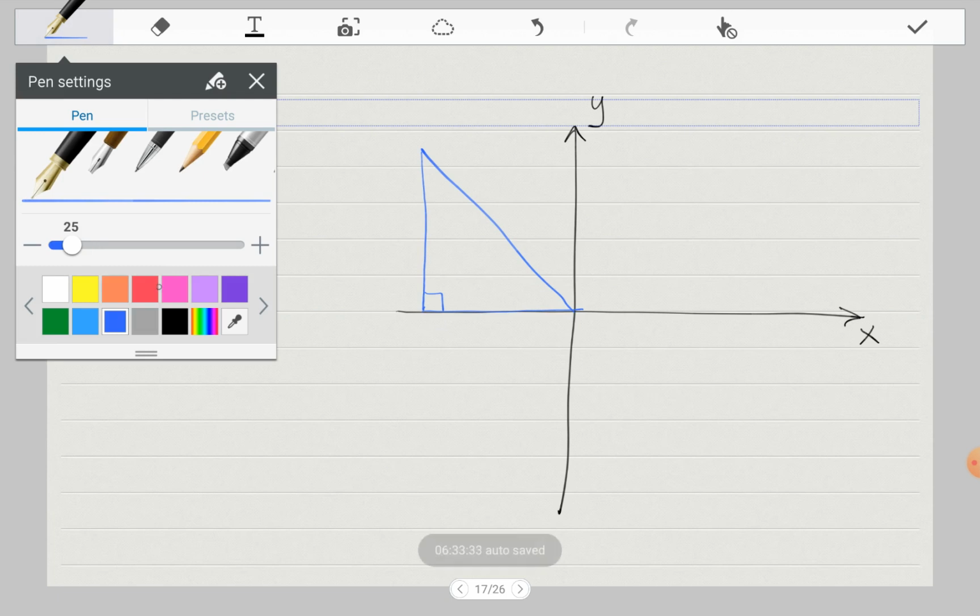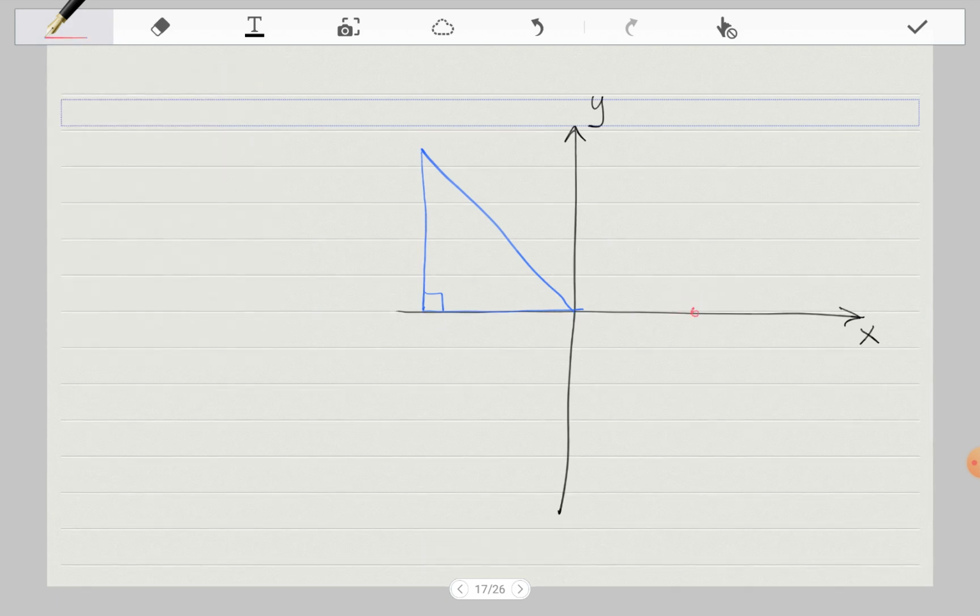Remember that your theta is measured from the positive x-axis.